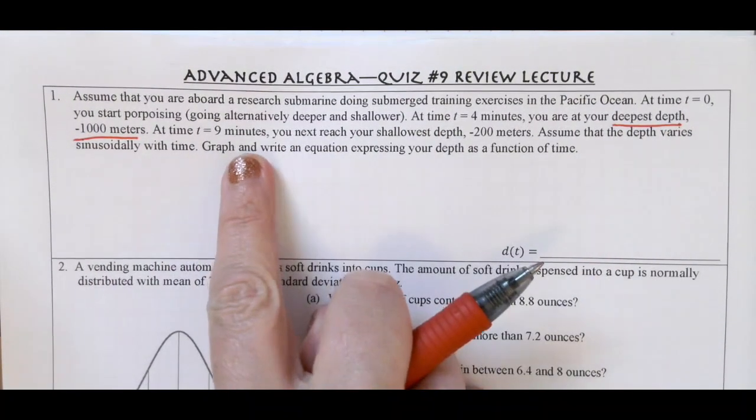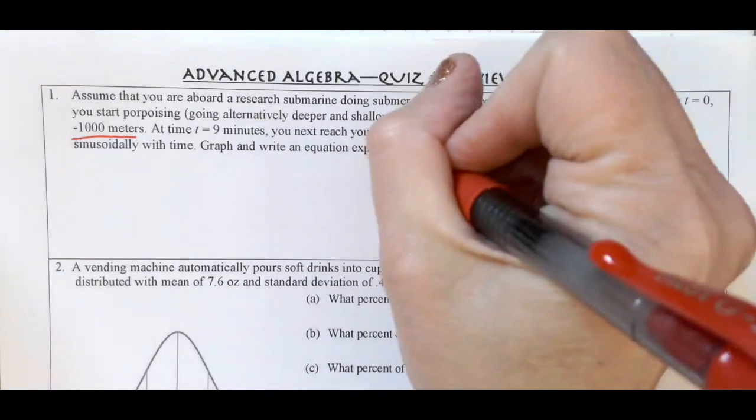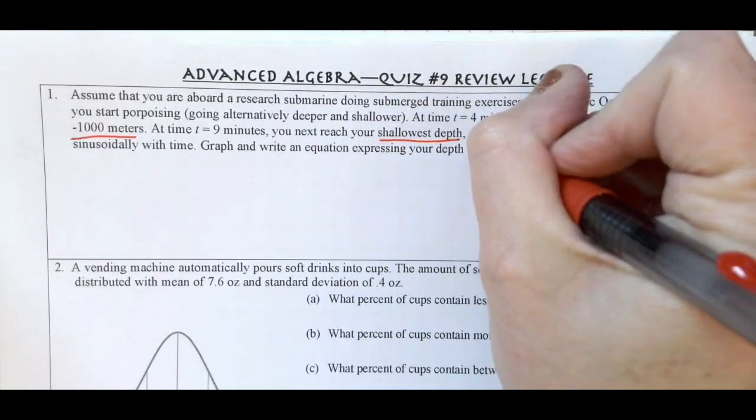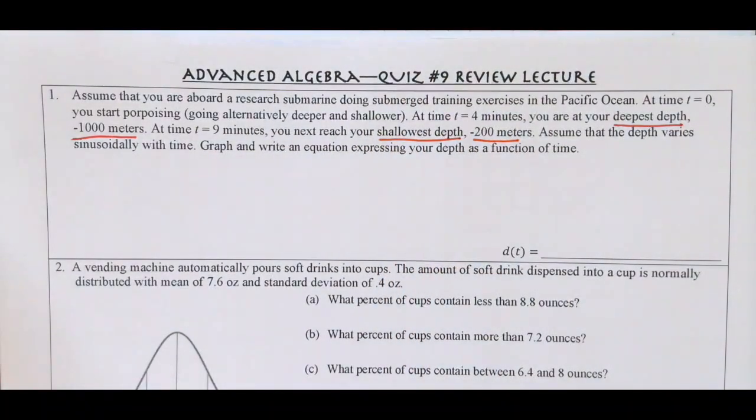At 9 minutes, you're at your shallowest depth, -200 meters. Assume that depth varies sinusoidally with time. Graph and write an equation expressing your depth as a function of time.